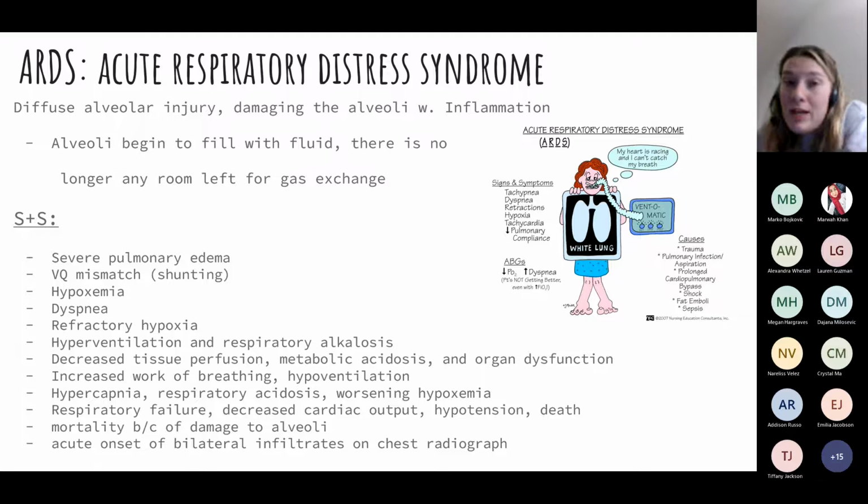So really the only treatment for this is going to be treating that underlying cause. You're also going to have to probably put them on a ventilator to try to pop open those alveoli.